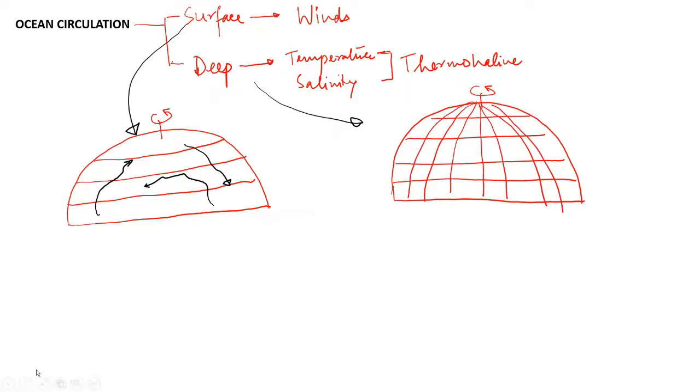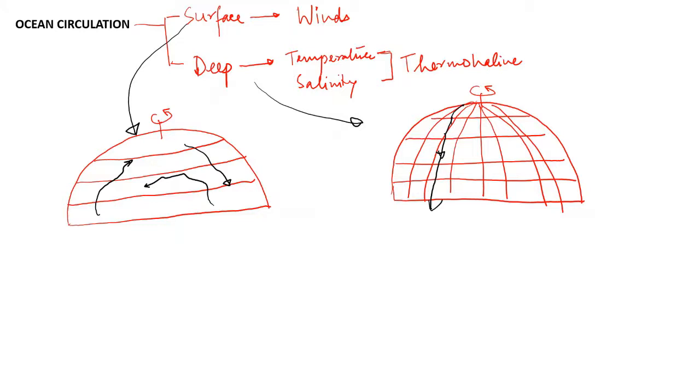So the surface circulation operates across the latitudes, while the deep ocean circulation operates along the longitudes in the deeper depths of the ocean. Okay, this is the basic difference between the surface circulation and deep circulation.